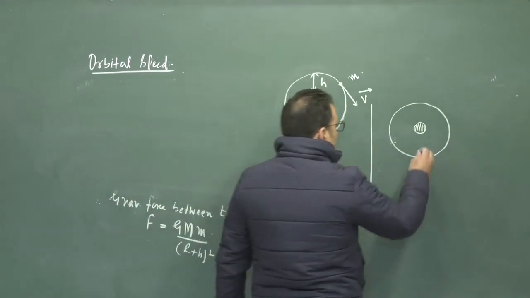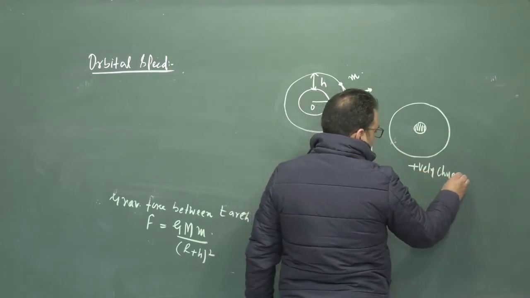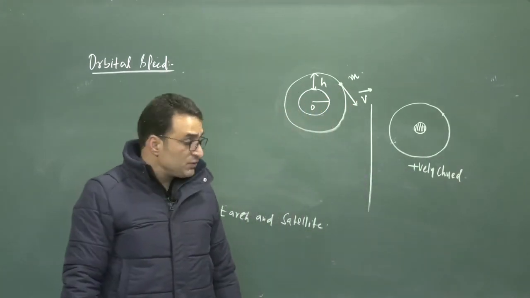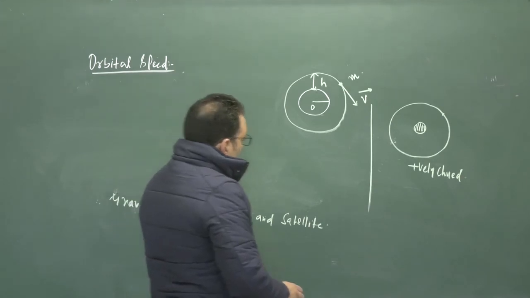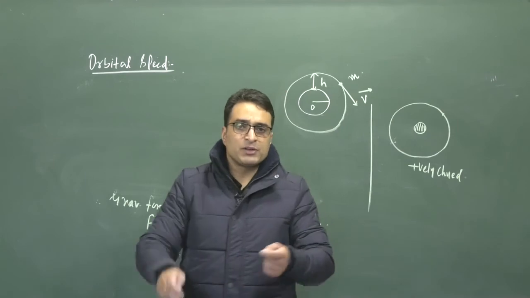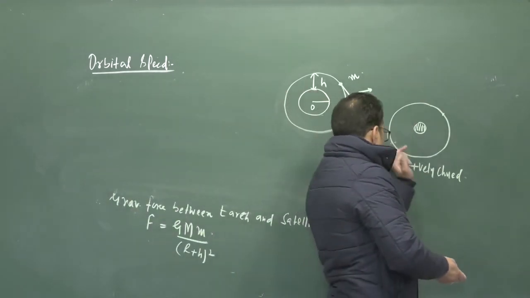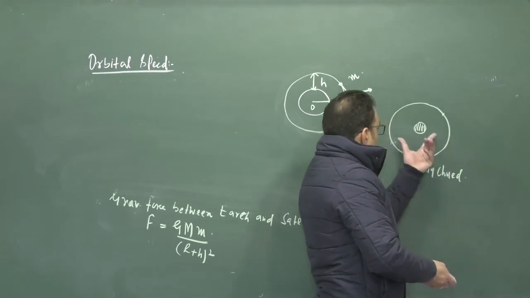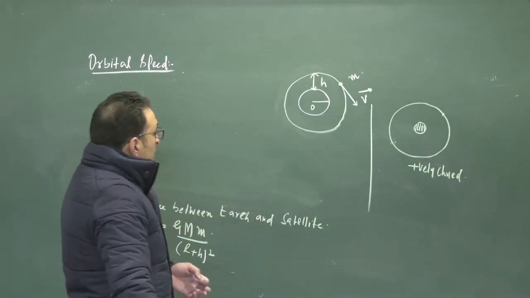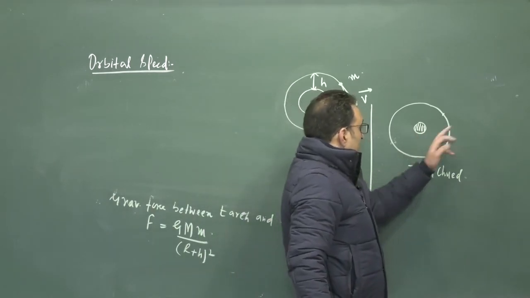Now, you also know that the nucleus is positively charged, and the electrons which are revolving around the nucleus are negatively charged. In this case, the electrons require the centripetal force on account of which they keep on revolving in their particular shell. That centripetal force is provided by the force of attraction between the nucleus and the electron.